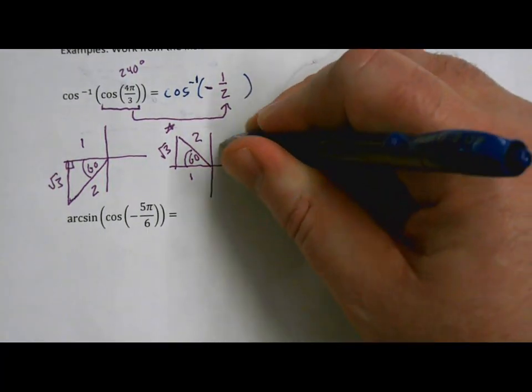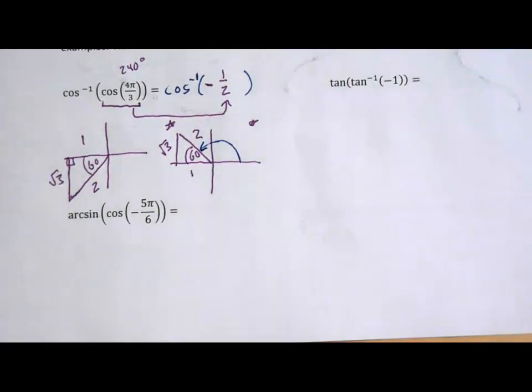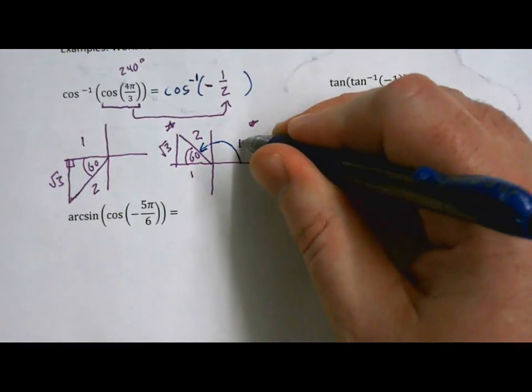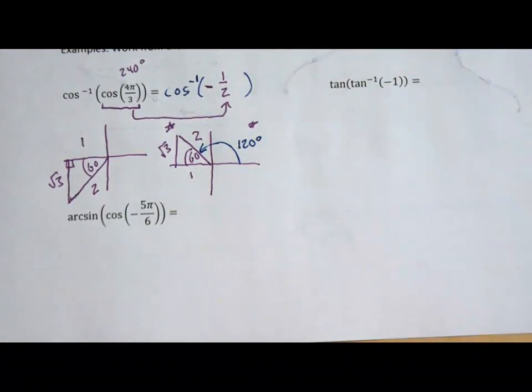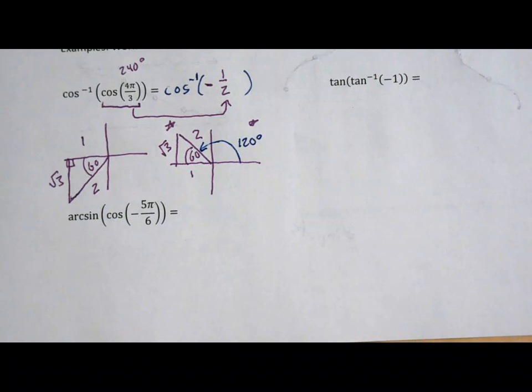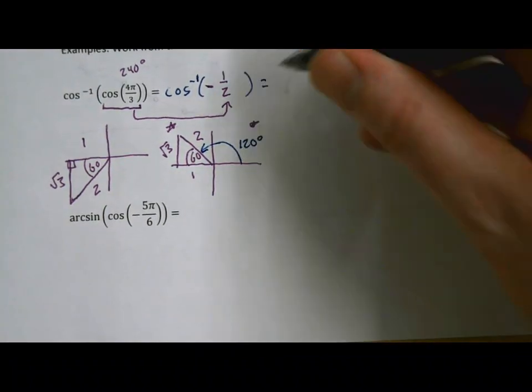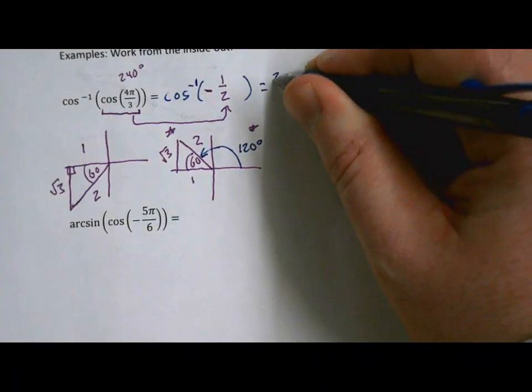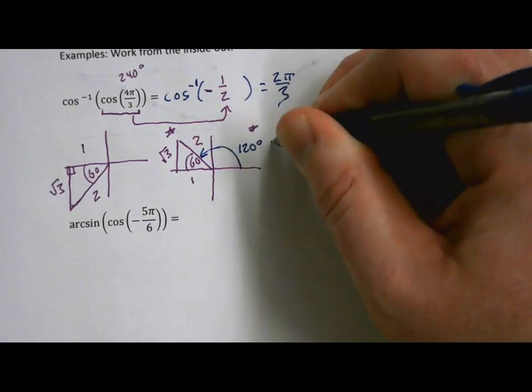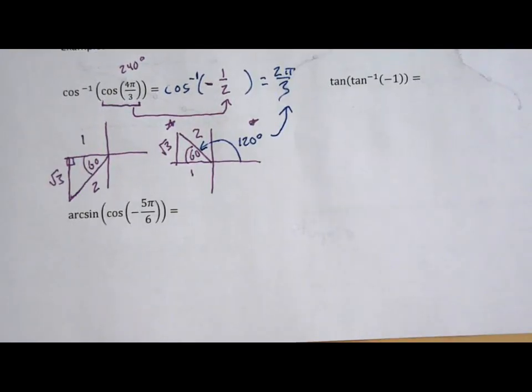The actual angle in standard position is 120, aka 2 pi over 3. So you'd think that inverse cosine and cosine would cancel and we get 4 pi over 3, but we actually get 2 pi over 3.